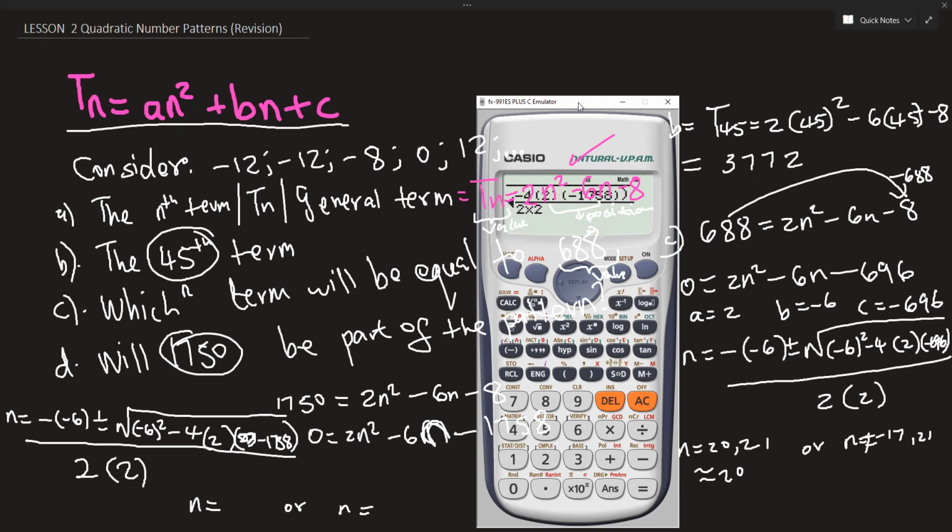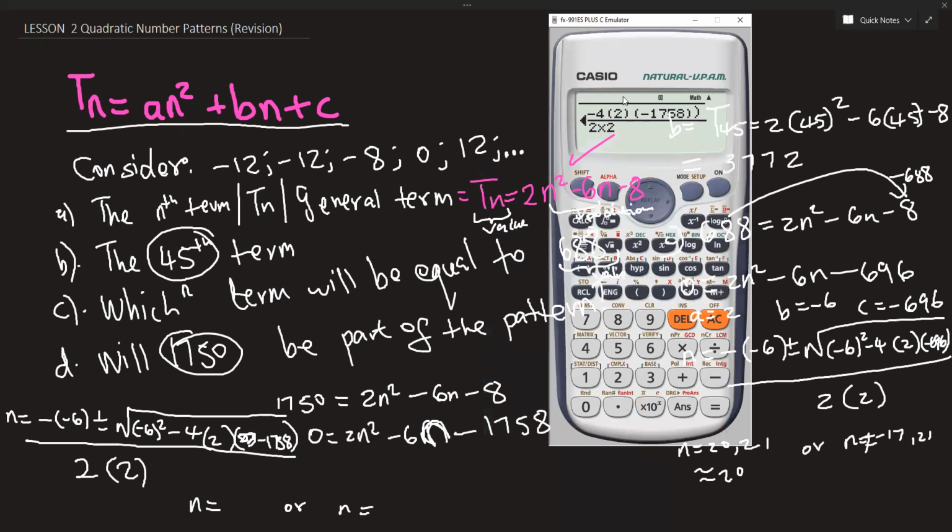Let's see why. What did I do? Oh yeah, this bracket here is not important. I have to clear it. So I can delete it. So I'm getting negative 28.19. Okay, let's check the other one.